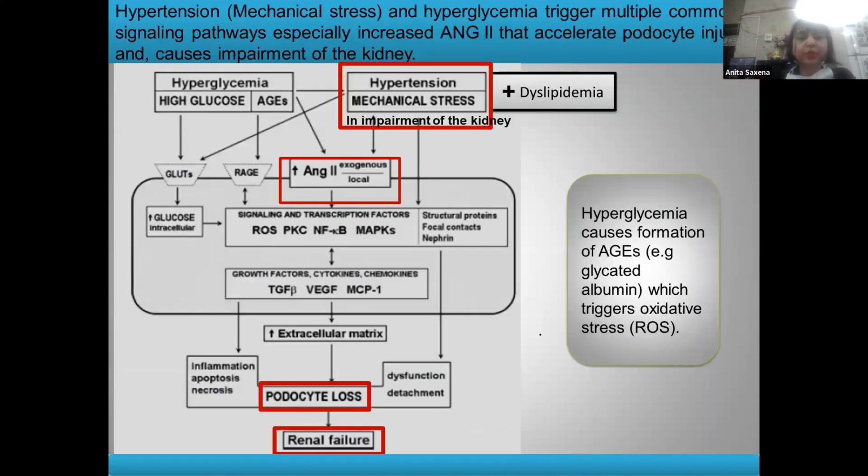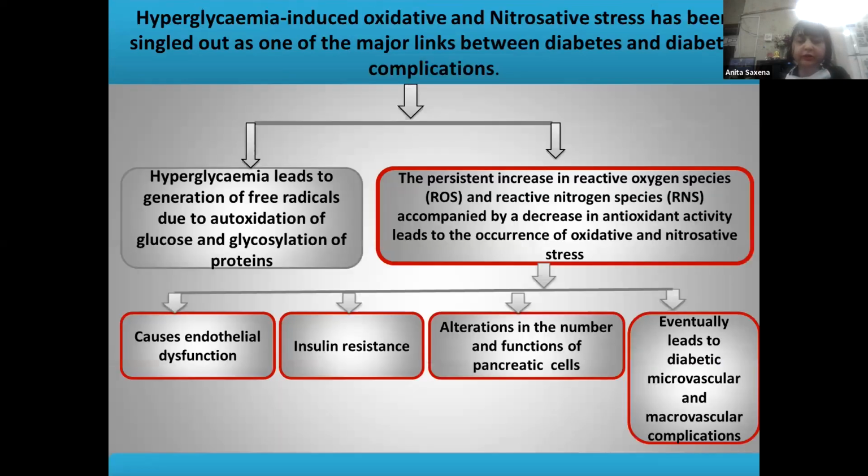Now, hypertension works as a mechanical stress on this, and because of this, there are multiple common signaling pathways, especially increased angiotensin 2, which eventually causes podocyte loss and loss of renal function.